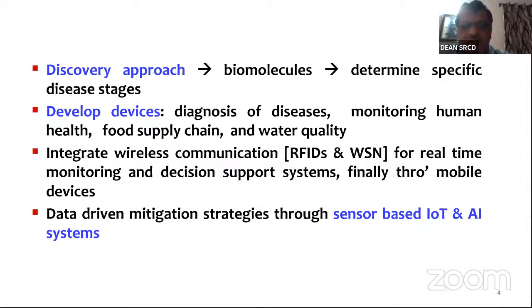I will share one or two which we have developed in our lab, and demonstrate how these biomarkers become useful in the diagnostics of diseases and monitoring human health, and try to showcase this at a community level broadly, if we are successful, of course, so that we can focus on ultimately smart city goals like food supply chain, food traceability, safe drinking water, and point of care health monitoring systems.